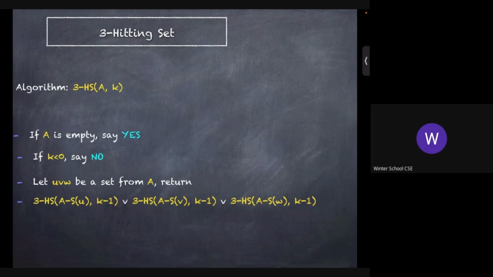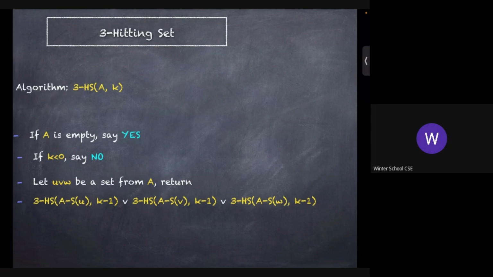If my family of sets is empty, I say yes. If my parameter is negative, I say no. Then I pick any set of the remaining sets and say that at least one of these elements should be in the hitting set. So I branch on 3 subproblems.